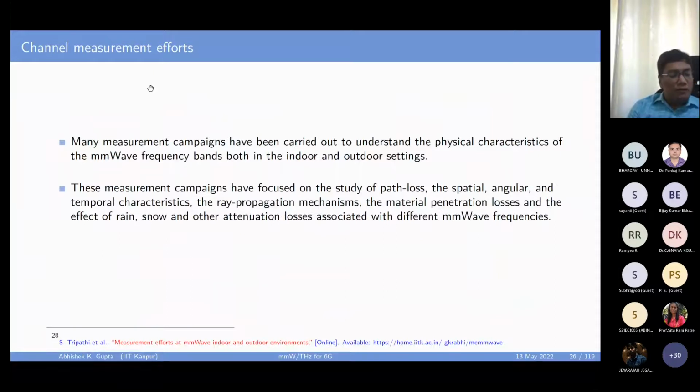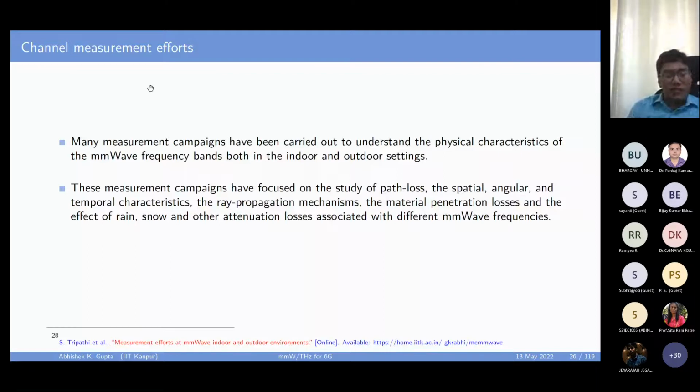Okay. So now to quickly understand these channels better, you need some measurements, right? There have been lots of measurement efforts in these frequencies, which have focused on characterizing the multi-path distribution, the angle of arrival, and other channel parameter distributions.